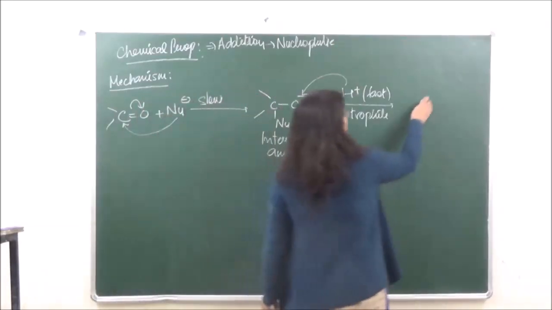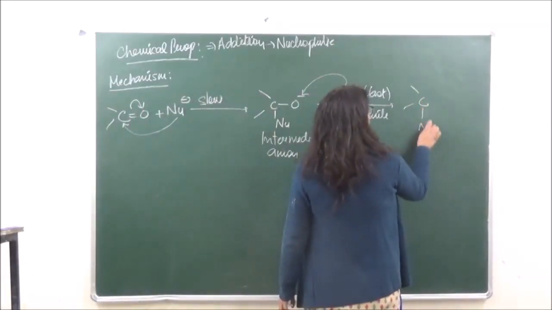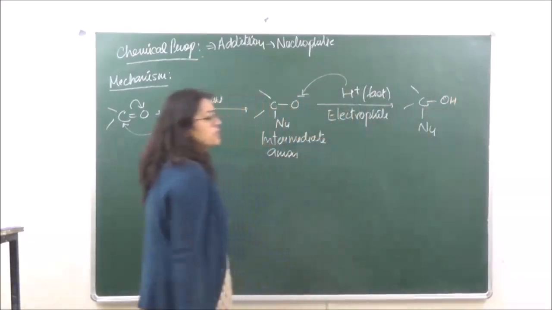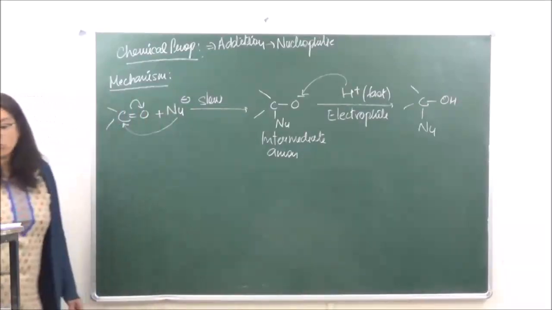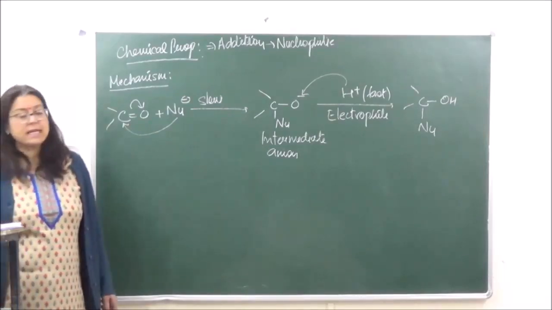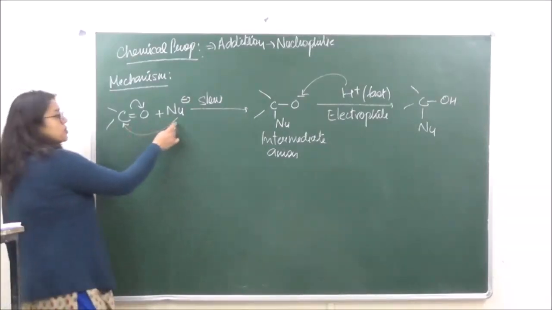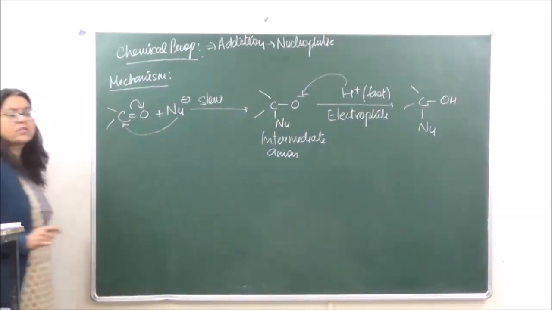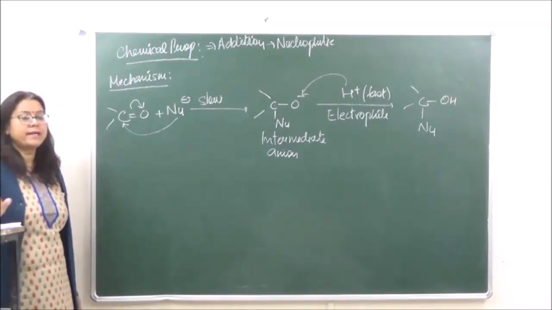So what are we getting here? We are going to get an addition product of this type. So this is the mechanism. The rate determining step is the first step, and as you can see, there are two species present in the rate determining step. Therefore the kinetics of this reaction is going to be second order kinetics.